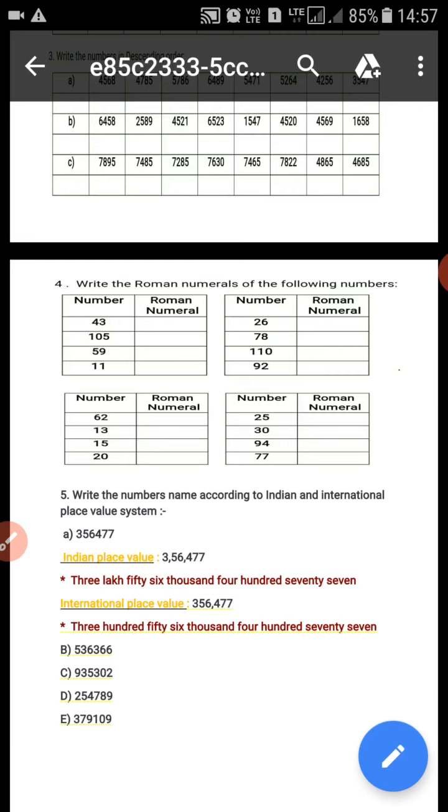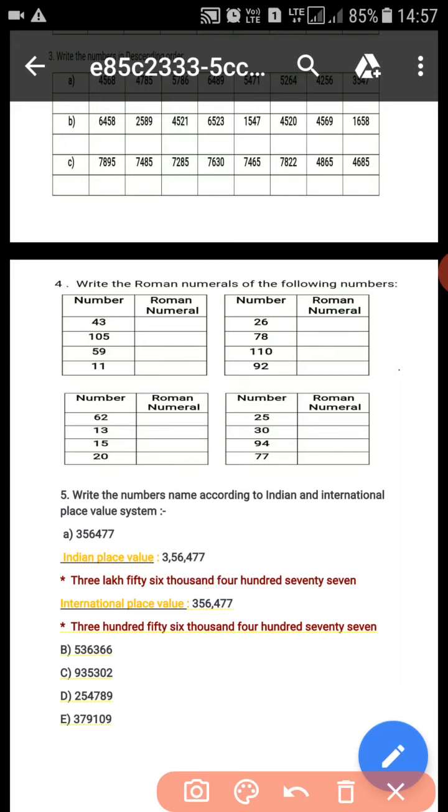In the Indian place value system, the first comma comes after 3 digits from the right, like this, and the next comma comes after the next 2 digits, and then after every 2 digits, and so on. So the first comma comes after 3 digits and then after every 2 digits, in the Indian place value system.